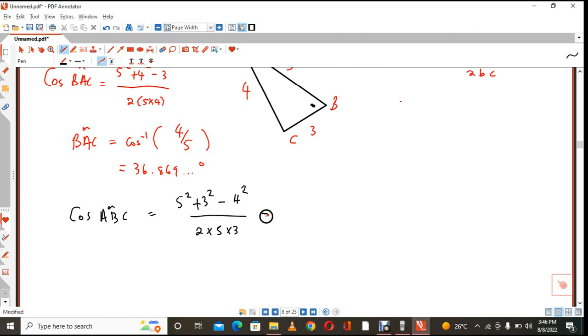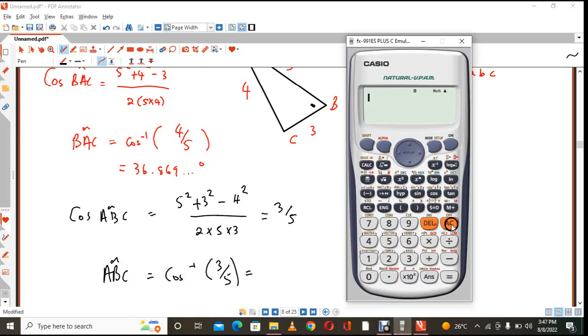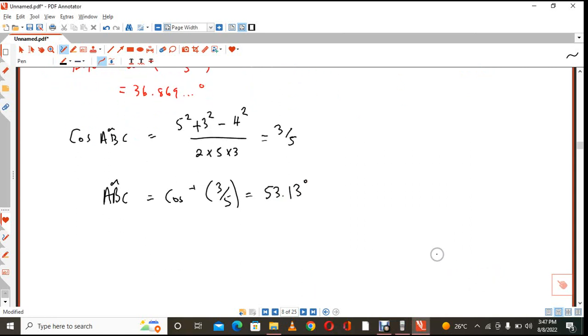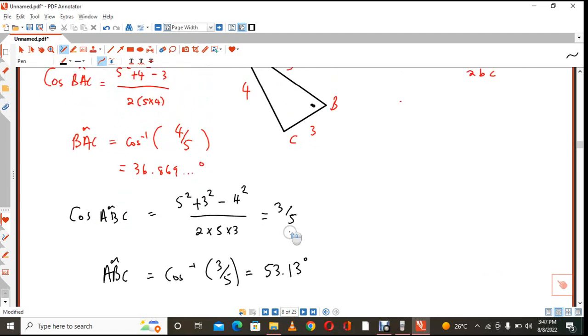That gives you 3 over 5. So angle ABC will be the inverse cosine of 3 over 5, which happens to be 53.13 degrees.